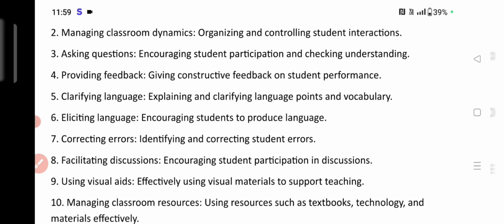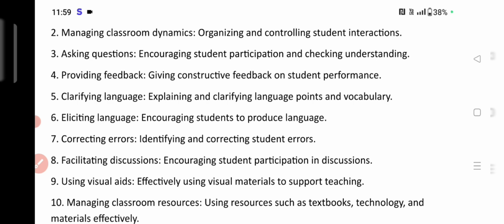Encouraging the students to produce the language and correcting errors, so identifying and correcting the students' errors, whatever they have made throughout speaking English, and facilitating discussion, encouraging student participation in discussions.